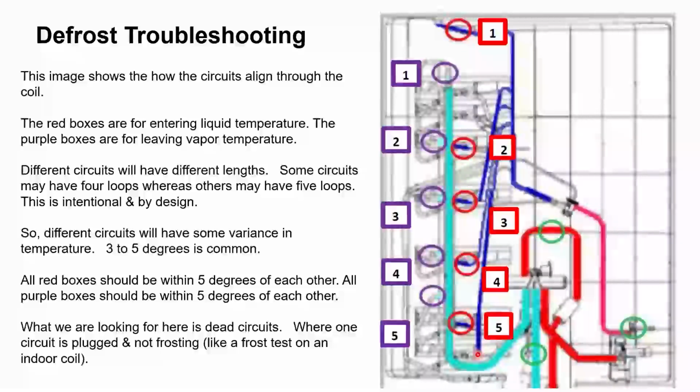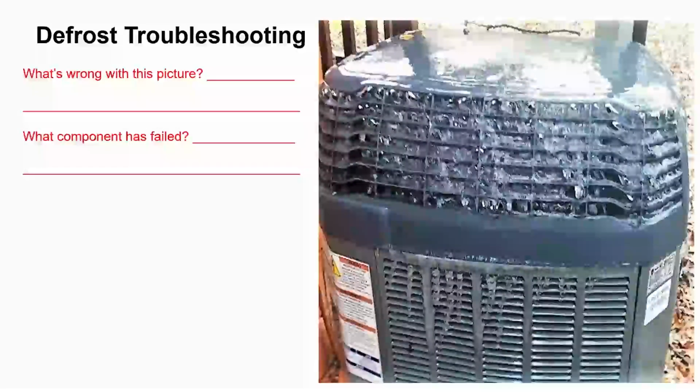Well, that means we've got a bad circuit in coil circuit number 5. The rest of them are frozen up, but 5 is not. So we won't get proper defrost. We won't properly terminate defrost, and you'll freeze up a coil. So it's very important to verify these as part of your troubleshooting process.